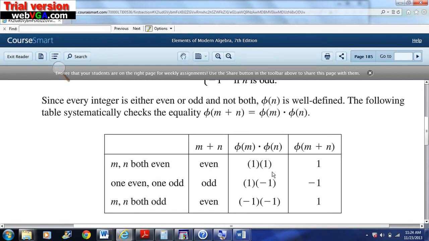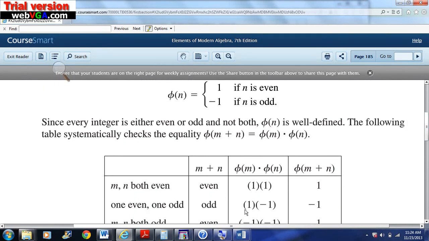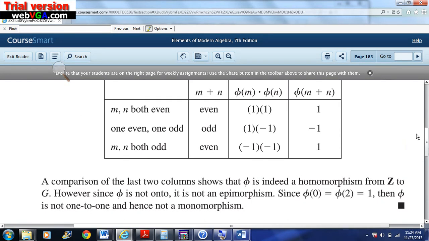So therefore, we would end up with 1 times negative 1, and that would give us negative 1. And we go on to the next one, which is the last case.